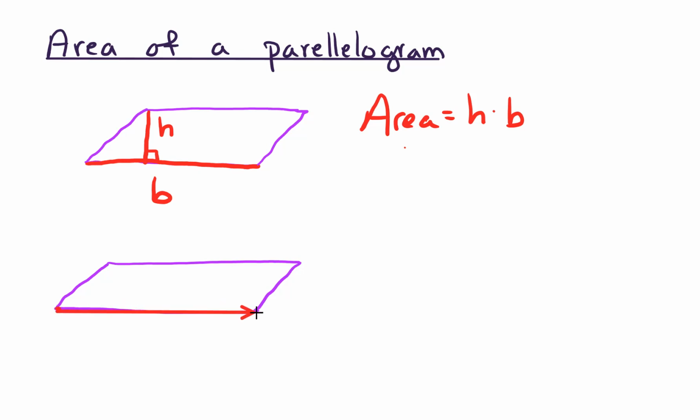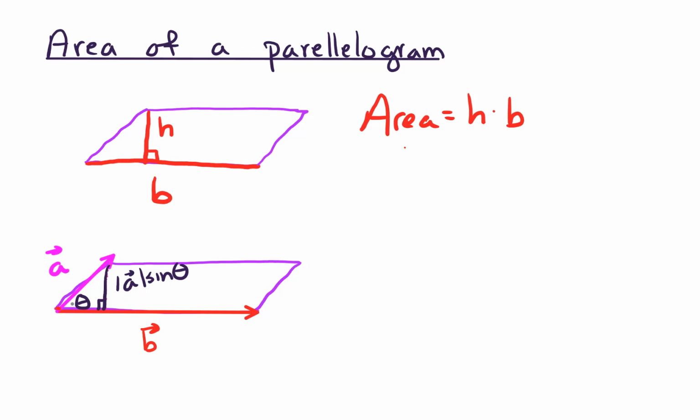I'm going to label this vector B. And this other side, I'm going to call this maybe vector A. Okay, and so if we drop a perpendicular down here, this perpendicular height actually turns out to be the quantity, the magnitude of A sine theta. So that's that perpendicular that we want to drop down, and theta is the angle between vectors A and B.